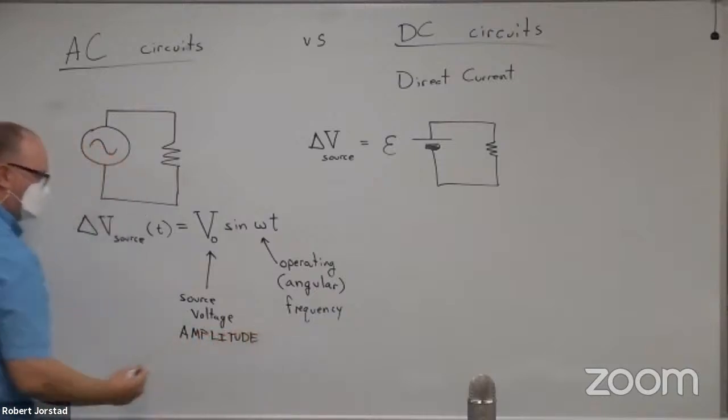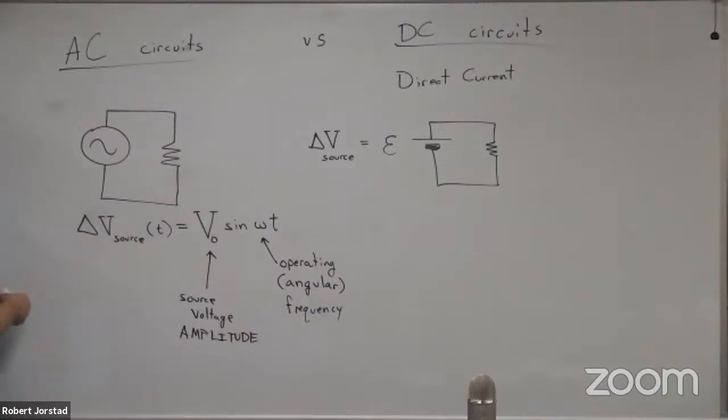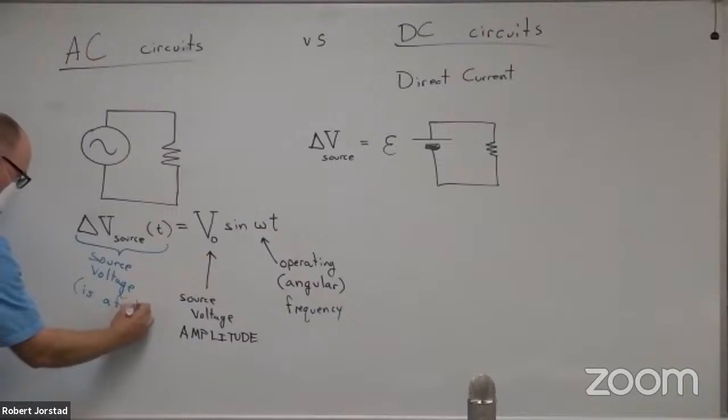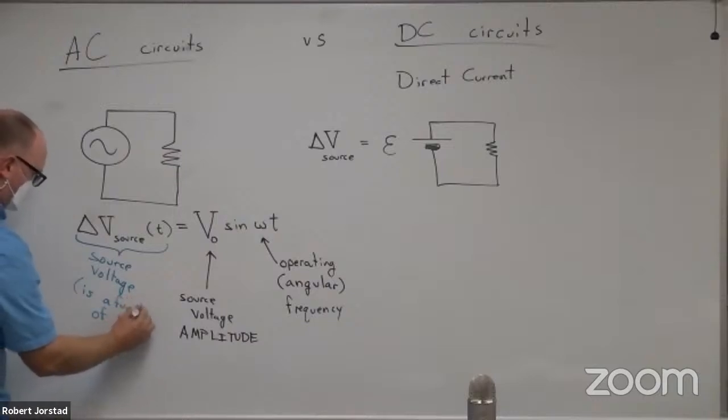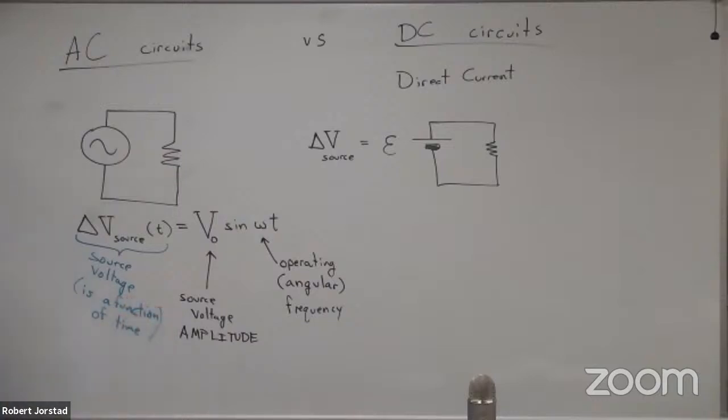And that's what I've been trying to harp on all day long. The source voltage is this. So the source voltage is a function of time. You guys can't have any fun in this world, right? We'll write out function. So watch out for these things.